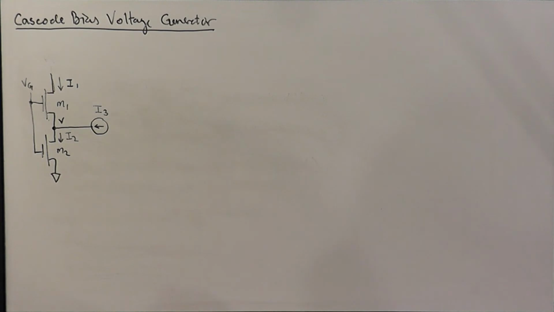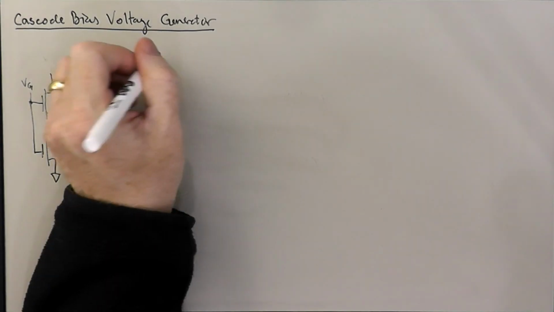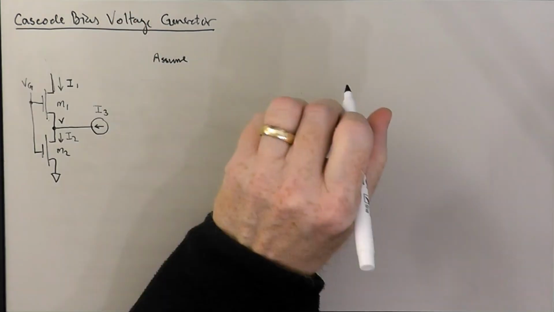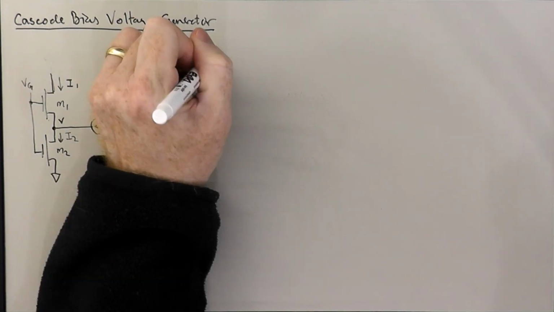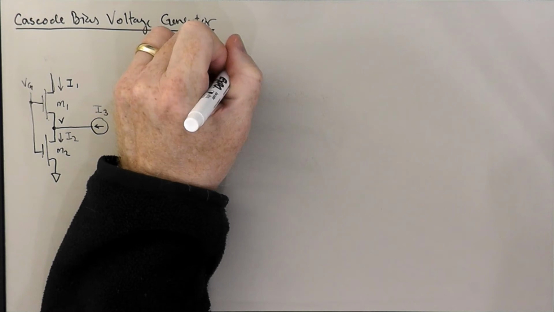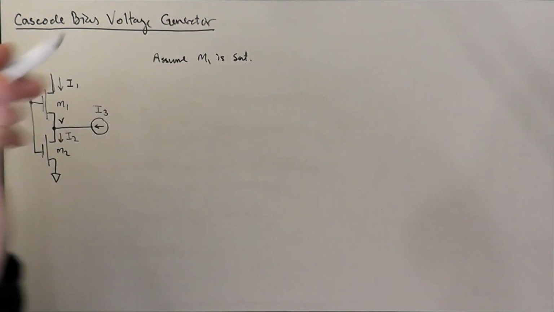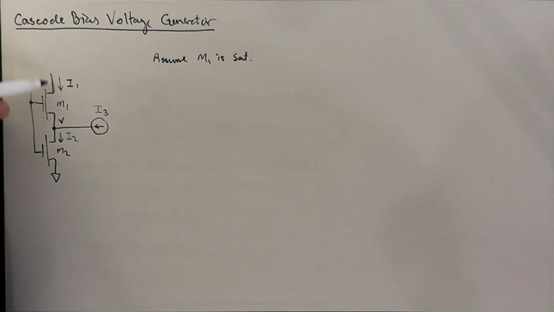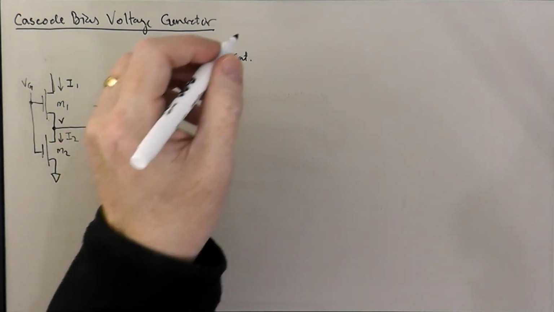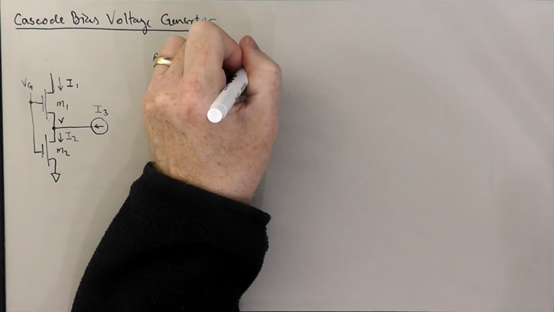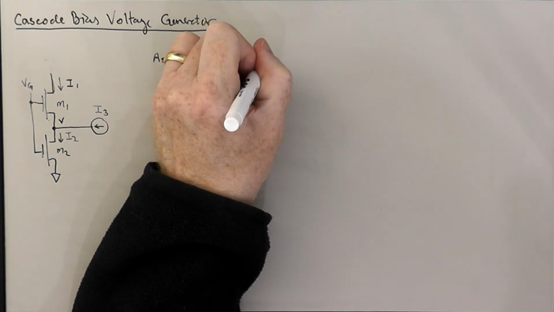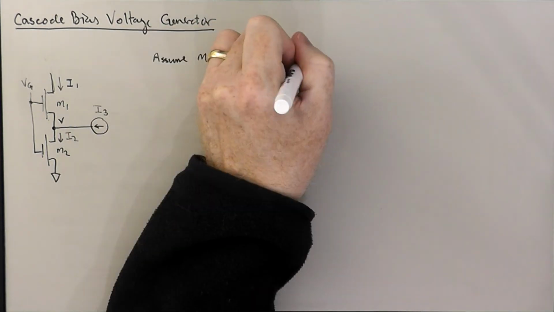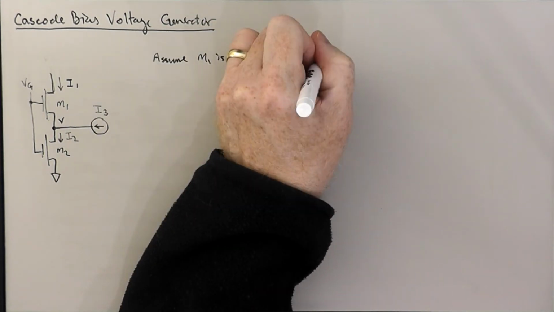So now we're going to assume that M1 is saturated. So whatever this voltage is up here, it's high enough above V to guarantee that M1 is saturated. But M2 is possibly ohmic.